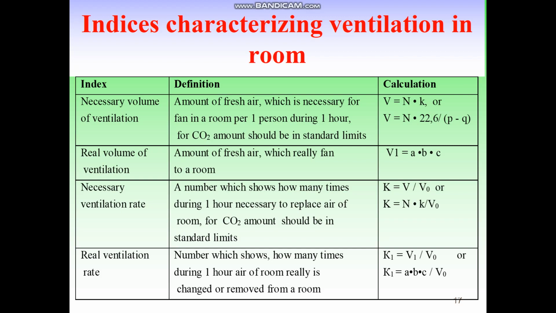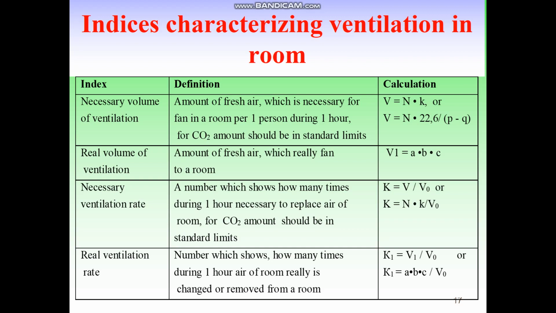Necessary volume of ventilation is the amount of fresh air which is necessary for airing a room per one person during 1 hour. For carbon dioxide, the amount should be within a standard limit. Real volume of ventilation is the amount of fresh air which is really supplied to a room.